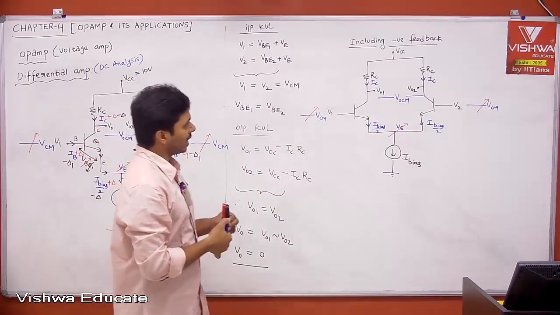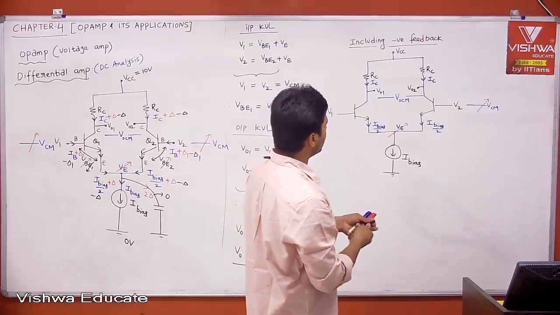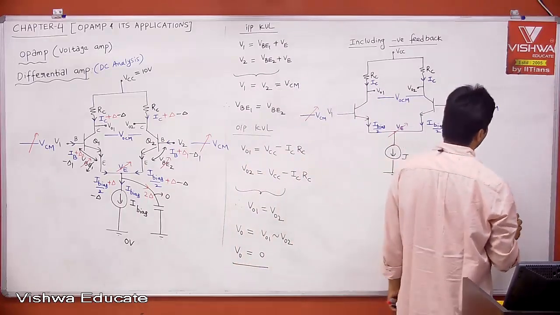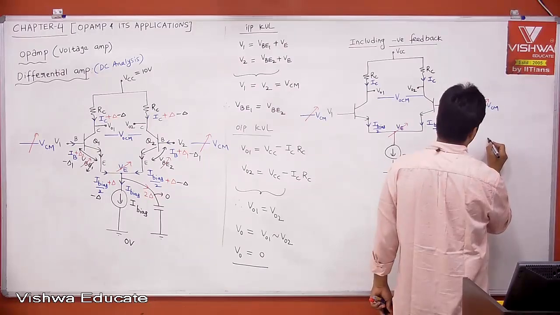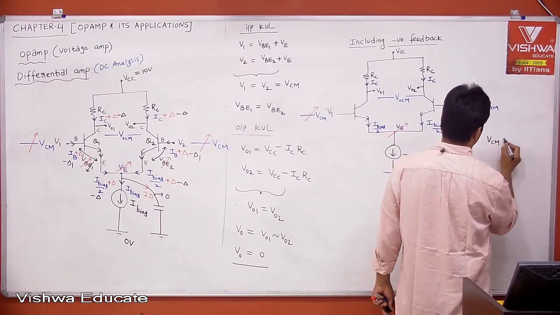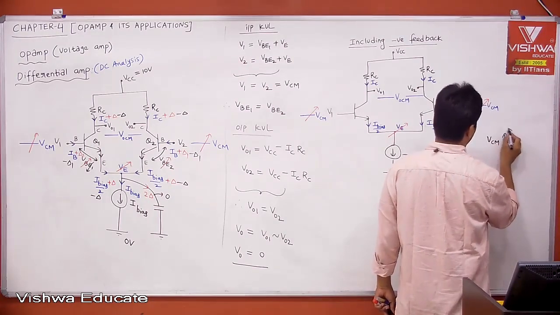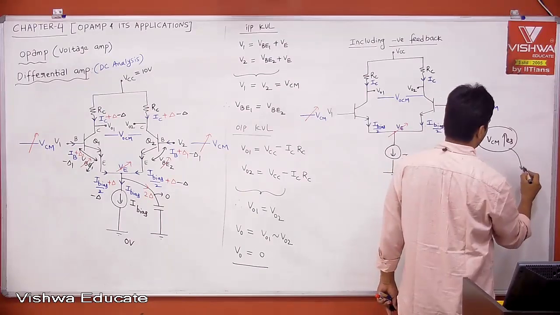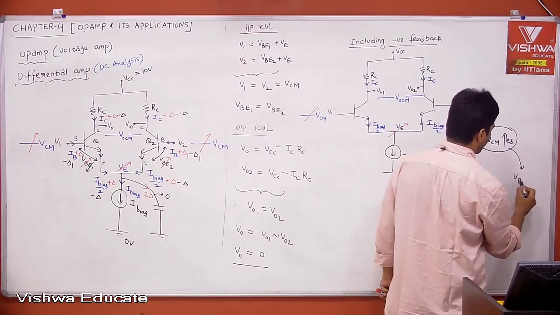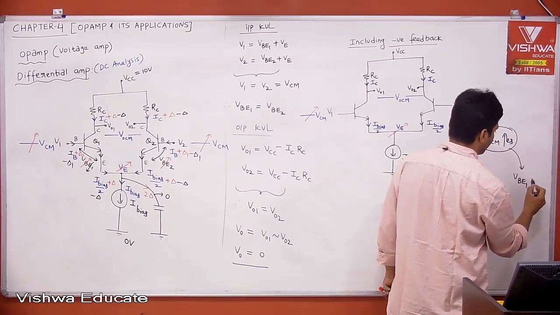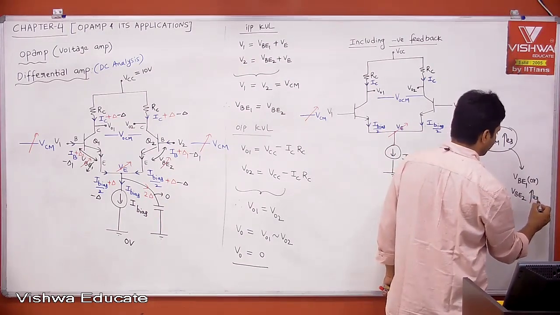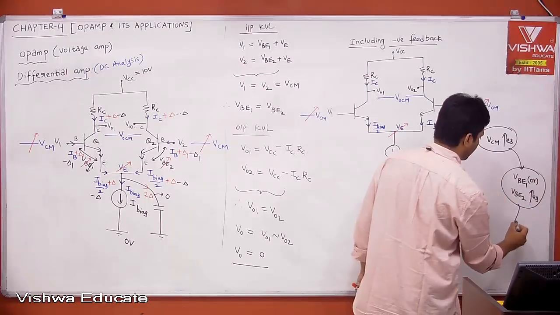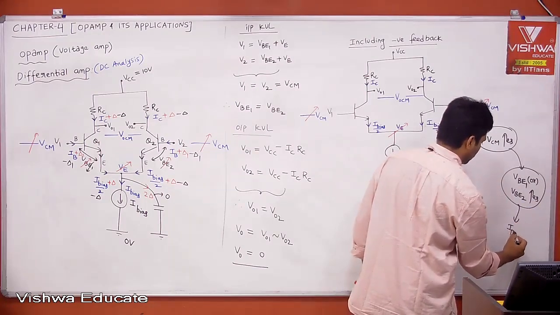Therefore, let me explain the same thing using a flow chart. Due to any reason, if VCM increases, then your VBE1 or VBE2 increases, then your IB increases.